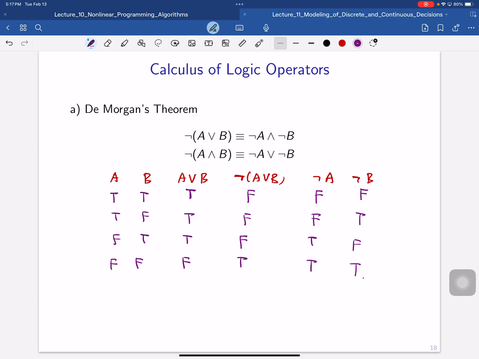You just take the negation of this column and so forth.